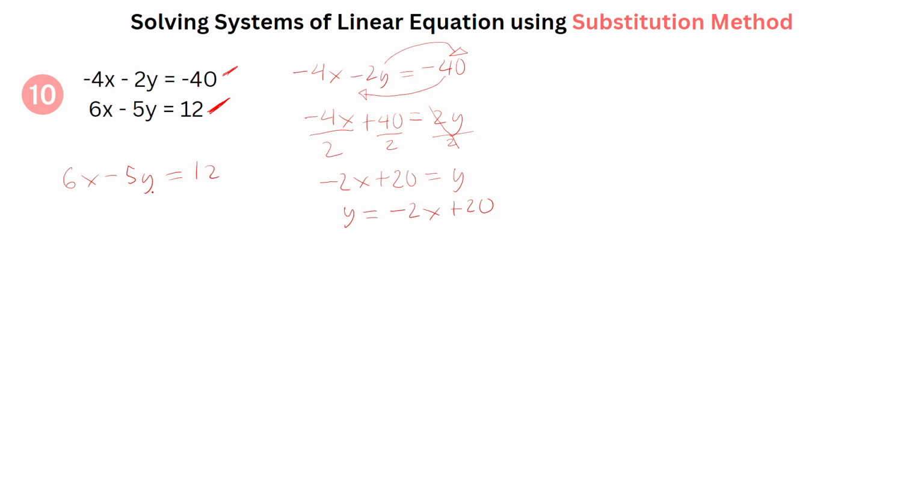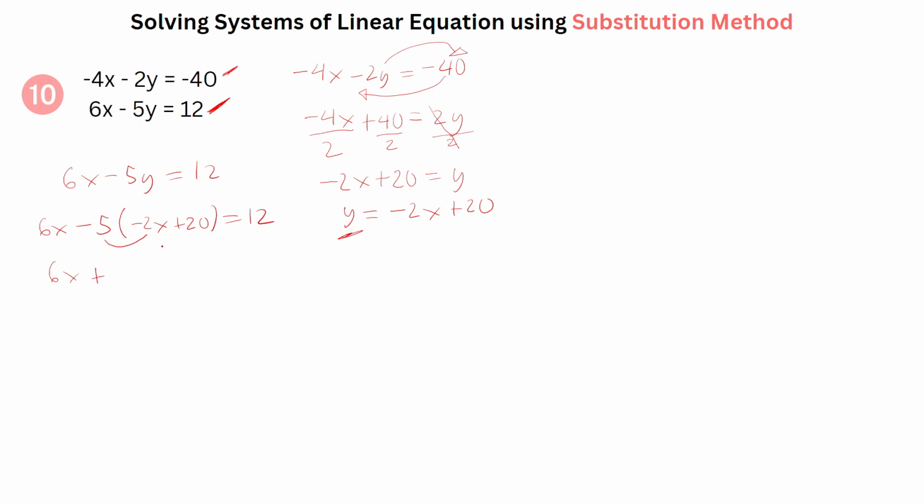So the one we will replace is the y, right? So I'll just put here 6x minus 5. Again, instead of writing y this time, let's put here negative 2x plus 20 and then equals 12. Okay, so this time we will have 6x. Okay, negative 5 times negative 2x. Negative times negative, that's gonna be positive.